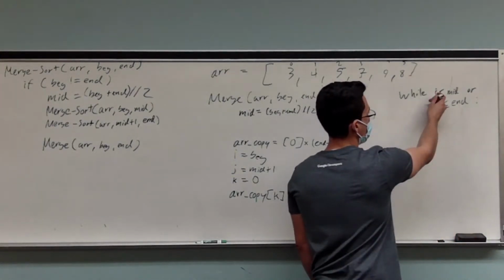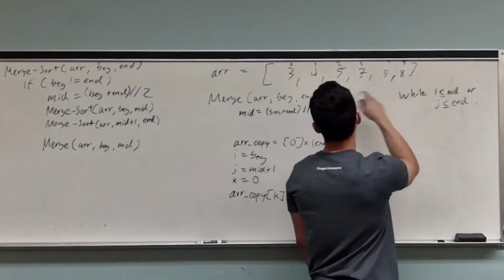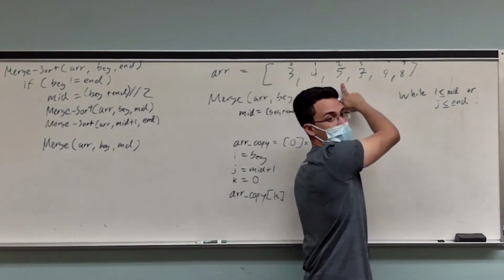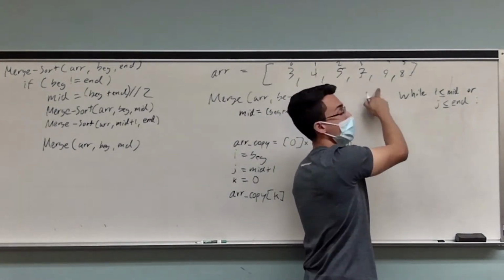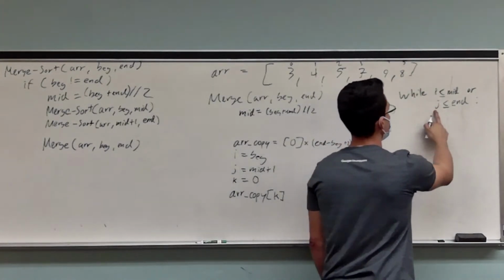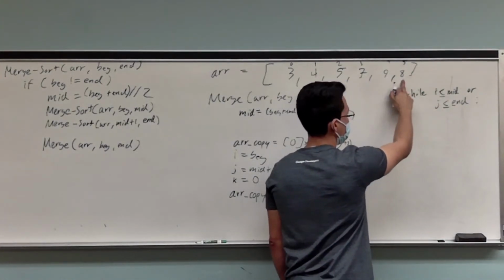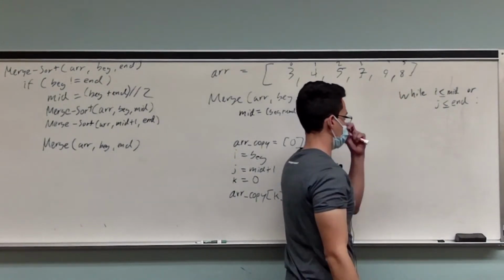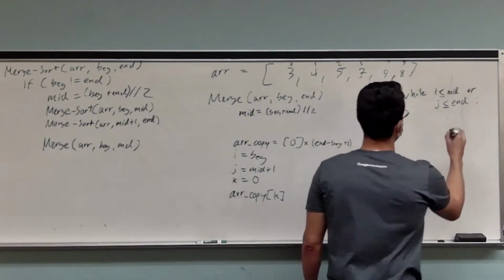So I is going to keep moving up, right? And it starts from here, and we want to get up to here. We don't want to get past this, because past this is where the other half of the array is. And j is the same. J starts here, and we don't want to go after the end, right? Because then we go outside of this half.